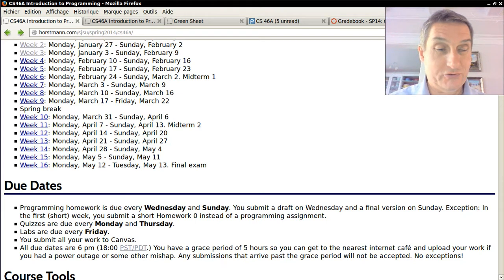All of your work goes into Canvas. The first submission, like I said, is the homework for this Sunday. Then on Monday, you'll have a short quiz. Everything is due at 6 p.m., and that means 6 p.m., but because computers and networks have a tendency to fail right before deadline, we do give you a generous grace period of 5 hours.